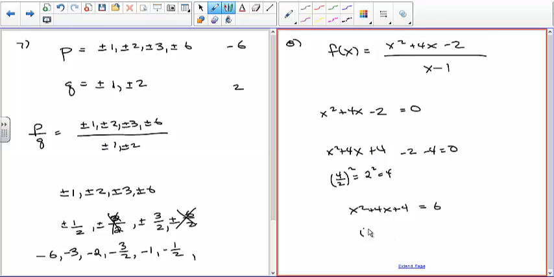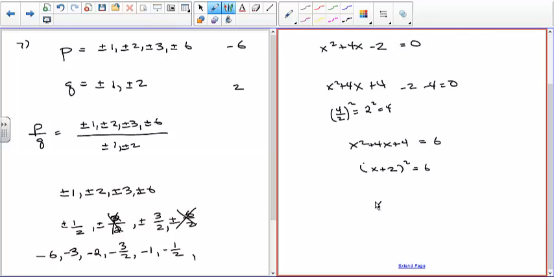Then you write the left-hand side as a complete square. So you get x plus 2 squared is equal to 6. Take the square root. x plus 2 equals plus or minus the square root of 6. x equals negative 2 plus or minus the square root of 6.